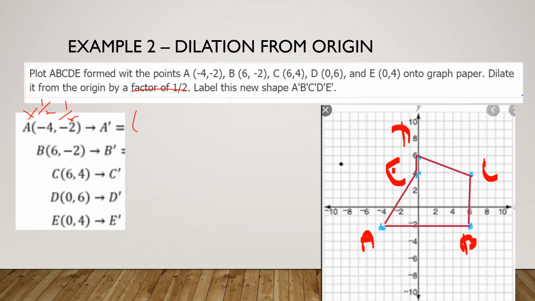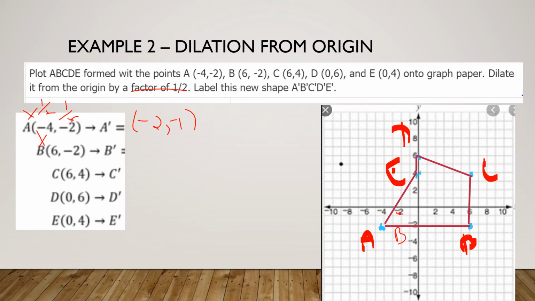So A prime would give us half of -4, which is -2, and half of -2, which is -1. So we would have -2, -1. Now we want to think, is this making sense? If you're cutting something in half, are we getting bigger or smaller? We can see that we are getting smaller.